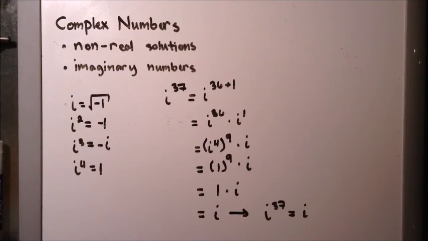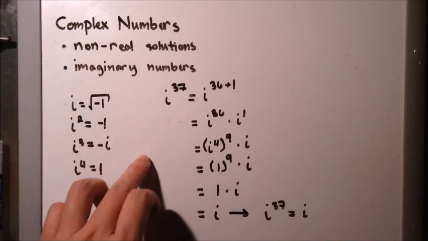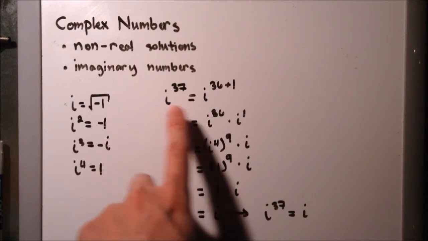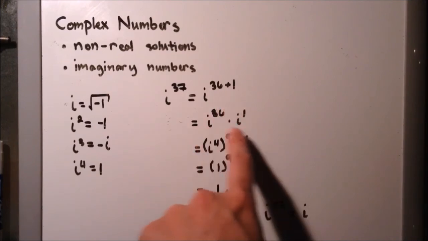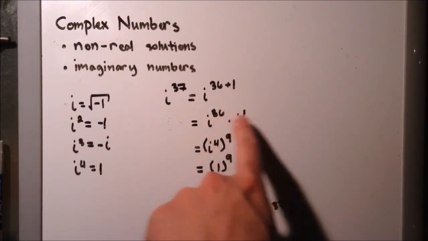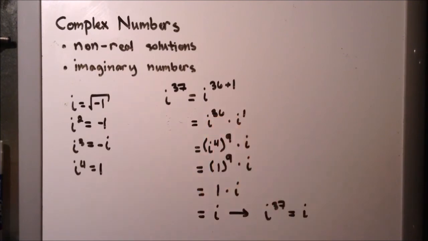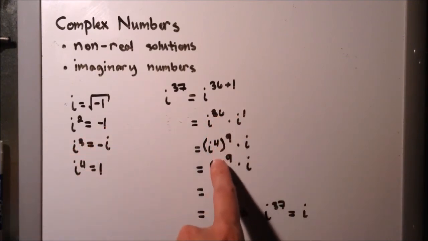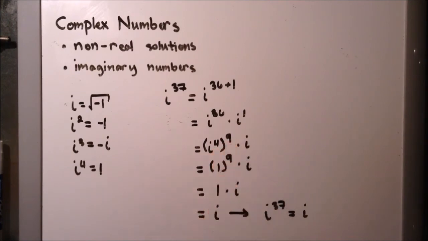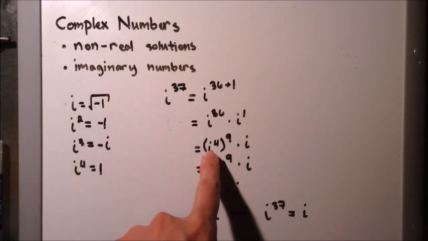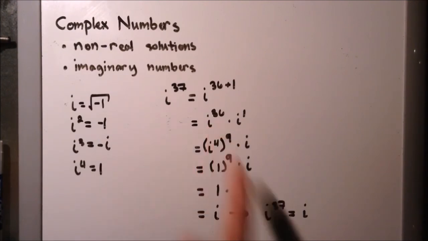In this example and the last example, we simplified using i to the 4th. Now, in this example, we couldn't start from the beginning, so we split it into two exponents with addition. And by the law of exponents, since it's addition, I can split it into two bases multiplying, with the exponents of 36 and 1, and then convert using the law of exponents for an exponent raised by another exponent, which is i to the 4th raised by 9, so 4 times 9 is 36.